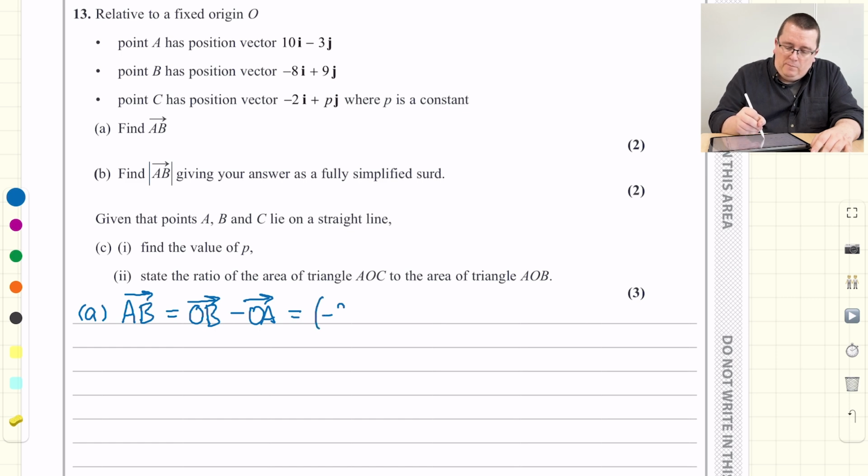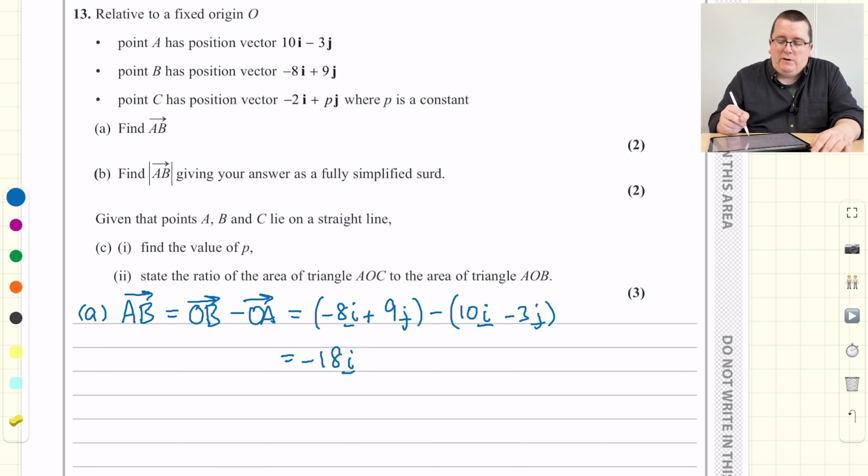So OB is minus 8i plus 9j. And we're going to take away OA, so 10i, take away 3j. So minus 8 take away 10, that's minus 18i. And then 9 take away minus 3 is plus 12j. And so that's AB.